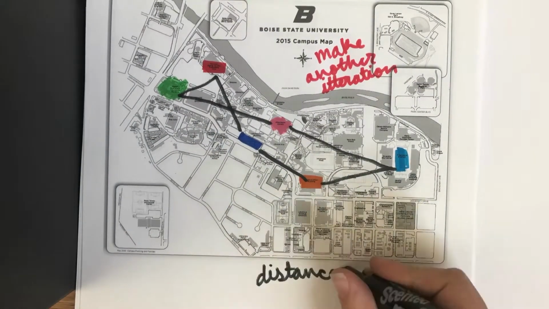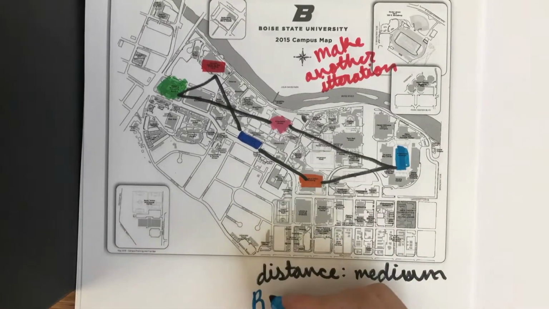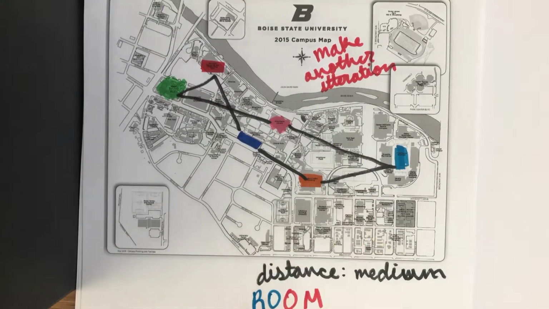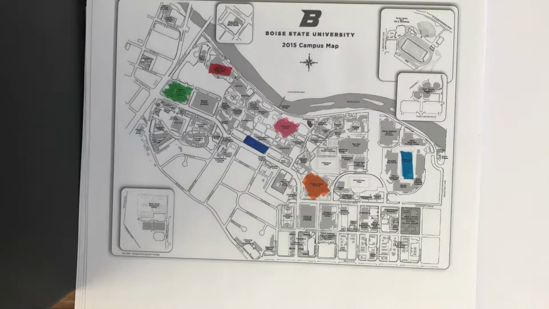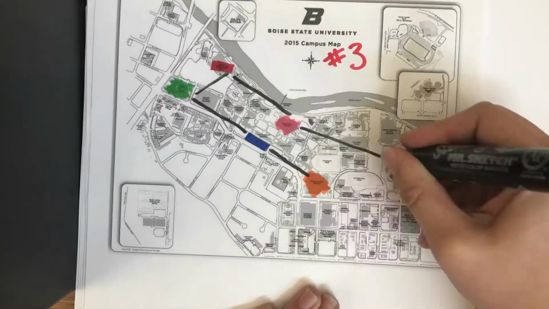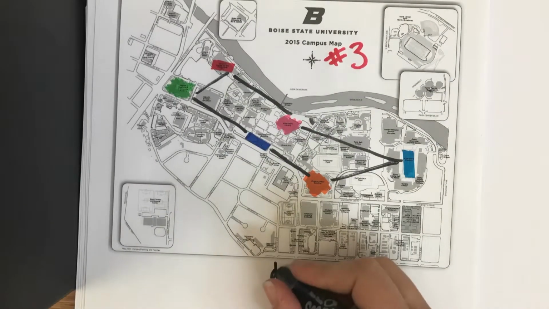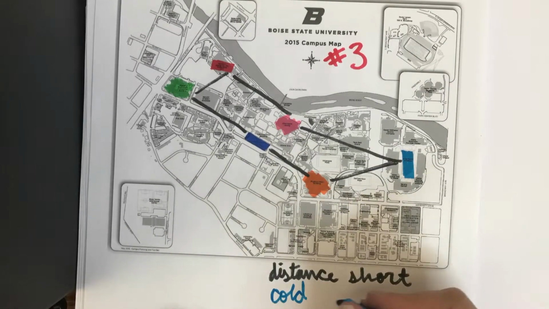Whenever you get a pathway that is shorter than any of the others, you keep it and use it as your comparison. If you are following the examples, you will see that I made a room temperature pathway, and that is now our new comparison. The last iteration I make in this example is a cold or short pathway. This is our winner.